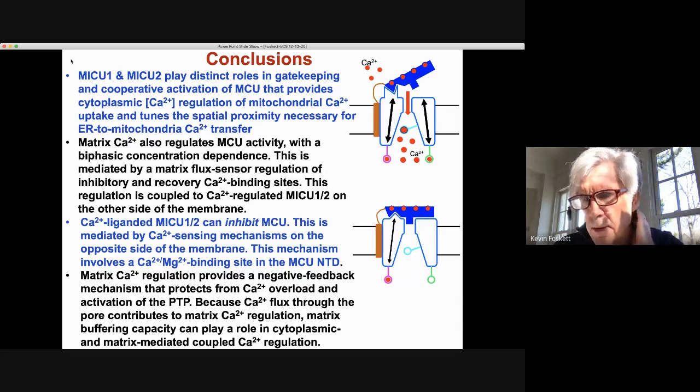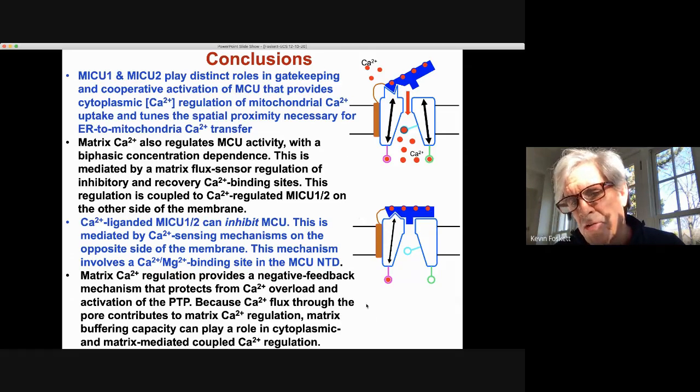What's very interesting about this matrix regulation through the N-terminal domains is that if you look at the structures, all of those N-terminal domains are different.